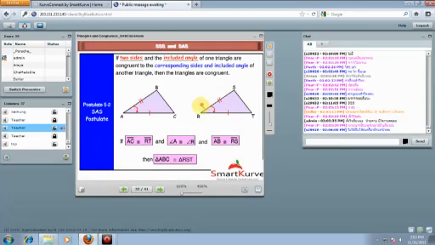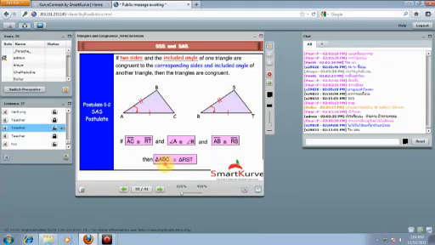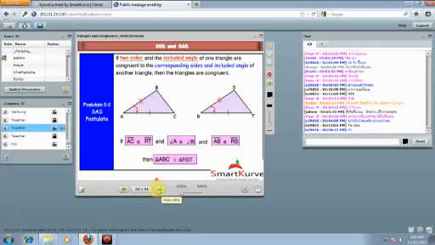So we see that one side, the included angle, and the other side are all congruent. The side angle side, SAS postulate, tells us that the triangles are congruent. So we can write that triangle ABC equals triangle RST.